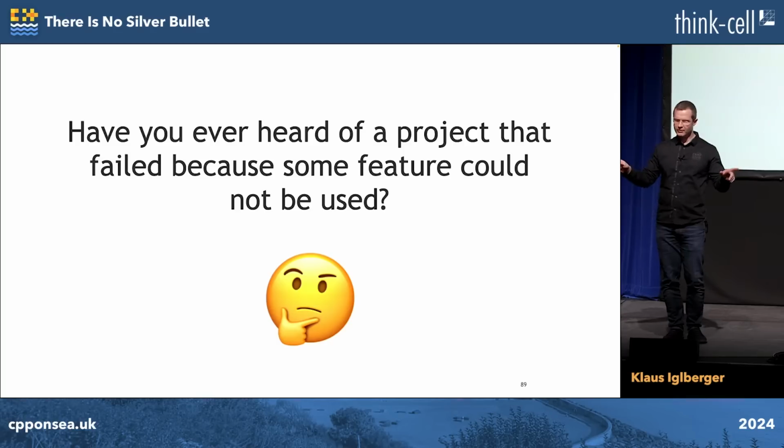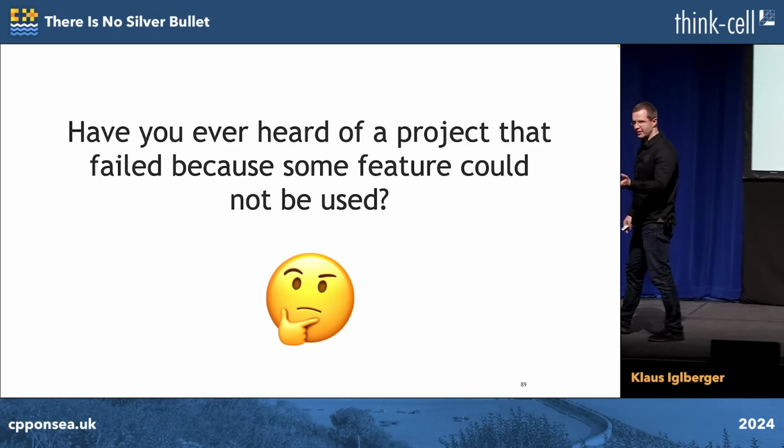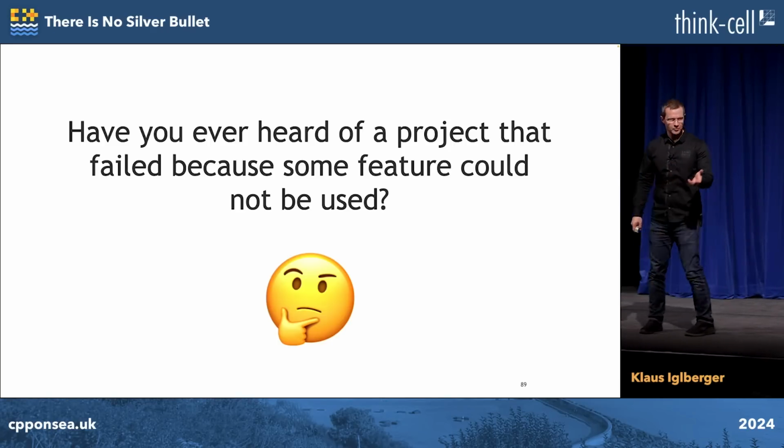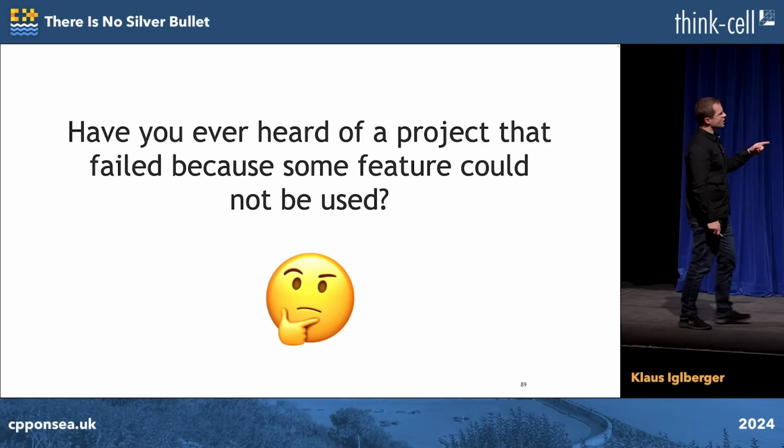So, have you ever heard of a project that failed because somebody couldn't use a feature? Oh, we failed because we could not use structured bindings, concepts. I don't think so. Usually projects fail because the architecture is not correct, because maintainability gets so difficult that people have to rework everything. That's the problem.